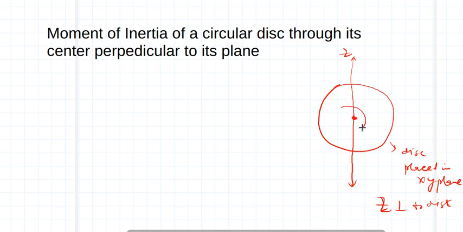Now consider a circle inside it, and say consider a ring whose width is dx, and say its radius is x and this distance is r.